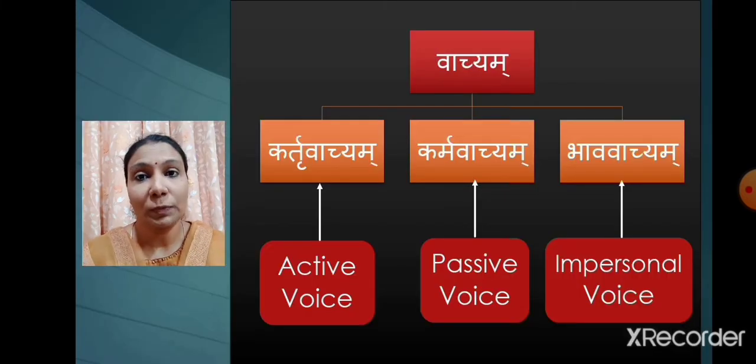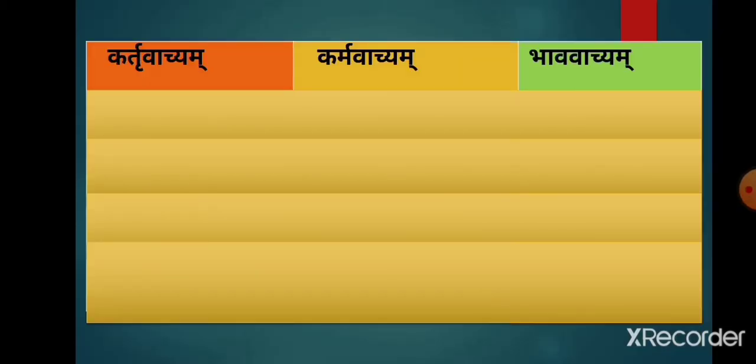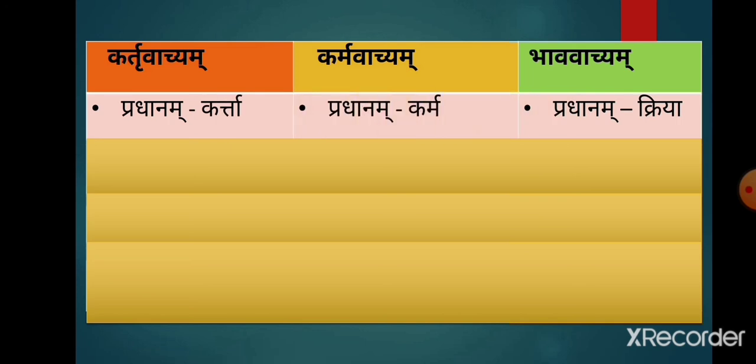Here ends the explanation of Vacham. Before I conclude the presentation, let me quickly repeat the main points of the discussed part. We have seen that in Kartruvacham, Karta is predominant, in Karmavacham, Karma is predominant, and in Bhavavacham, Kriya is predominant.